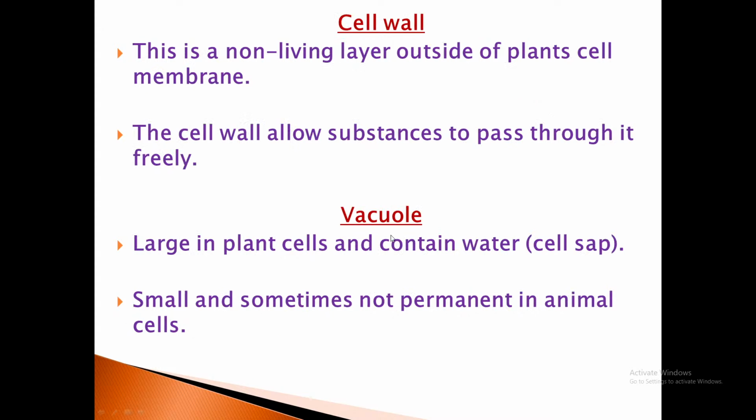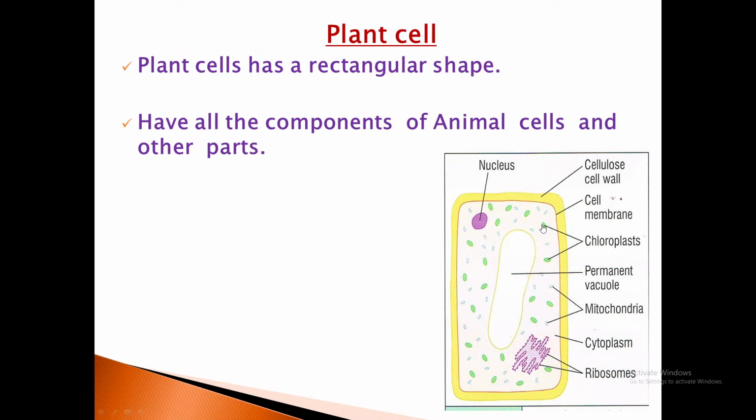Moving down to the next cell component, this one is called the cell wall. Now in terms of cell wall, looking at the plant cell here, the plant cell of course contains a cell wall. So this is the cell wall, the outer section there, the yellow section.